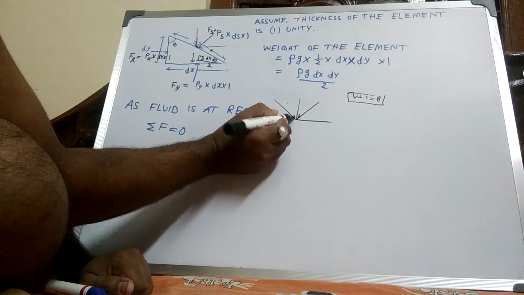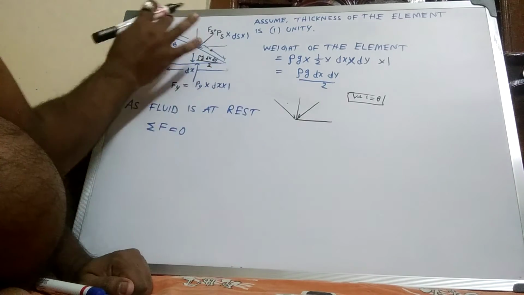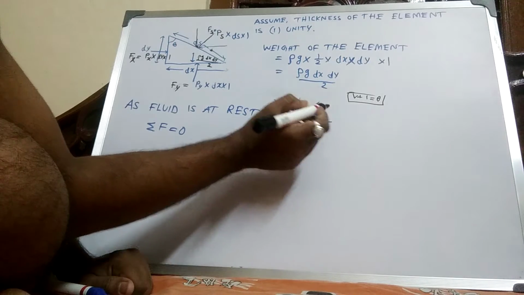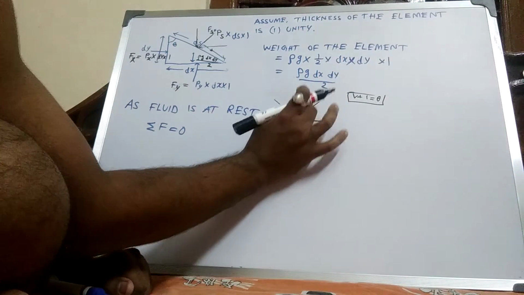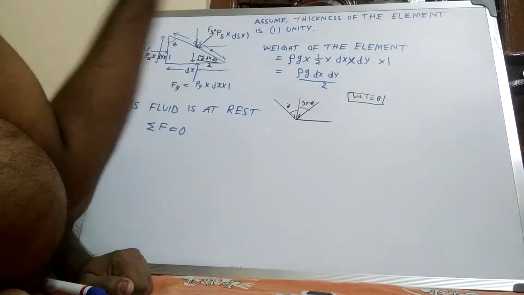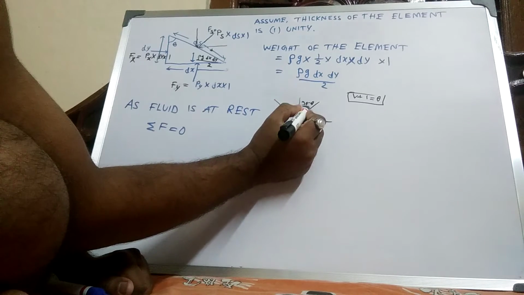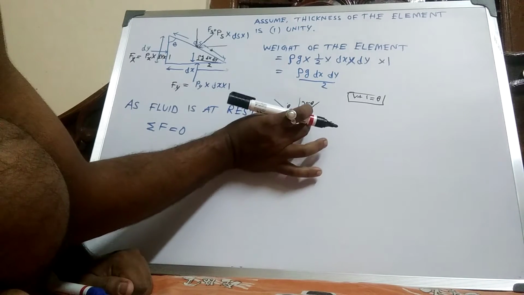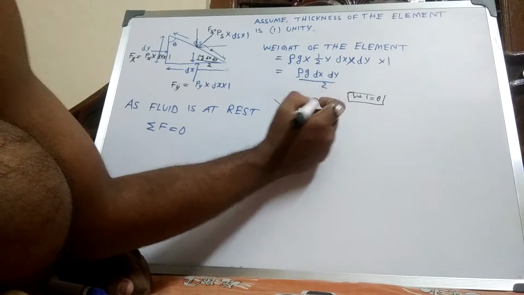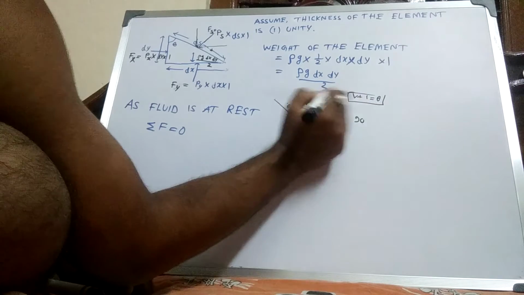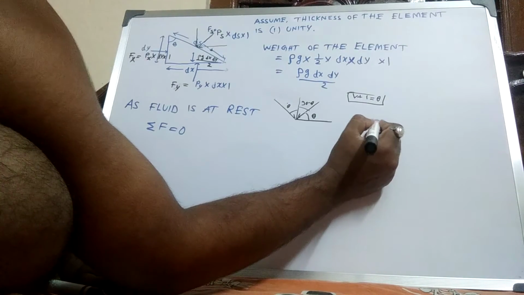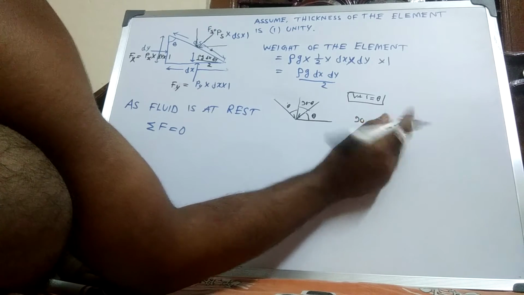Another plane inclined parallel makes the angle theta. The total angle is 90 degrees, so 90 degrees minus theta, and the other angle is 90 minus 90 plus theta, so theta.